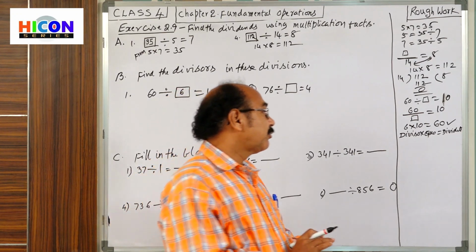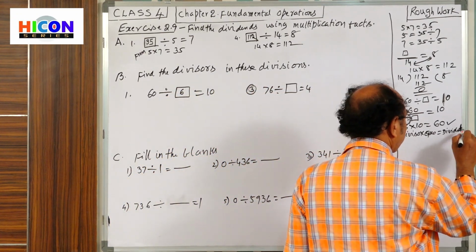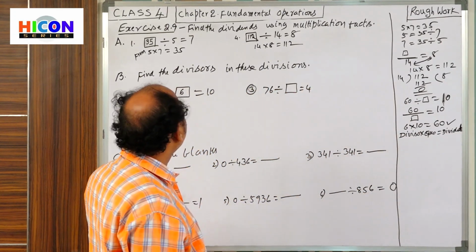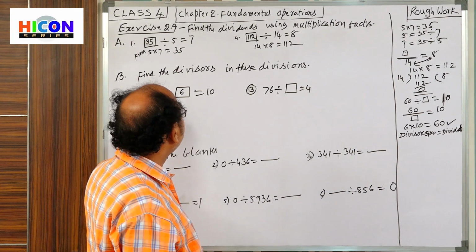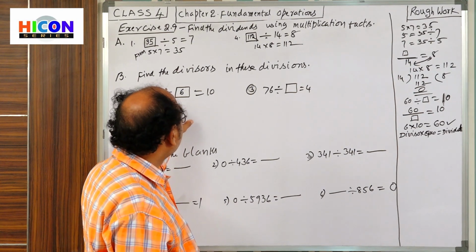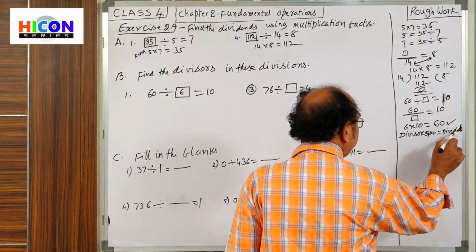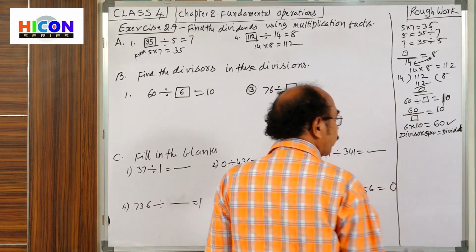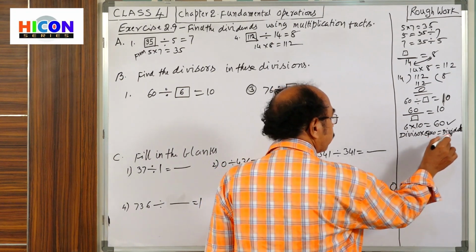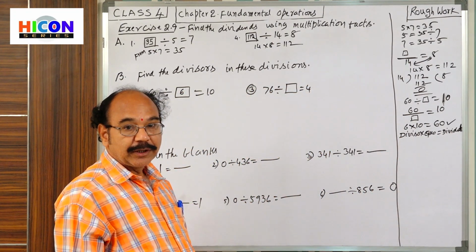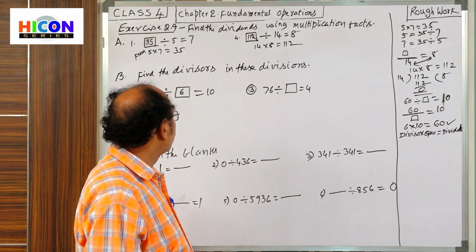That means dividend divided by divisor is equal to quotient. Quotient is equal to dividend by divisor.